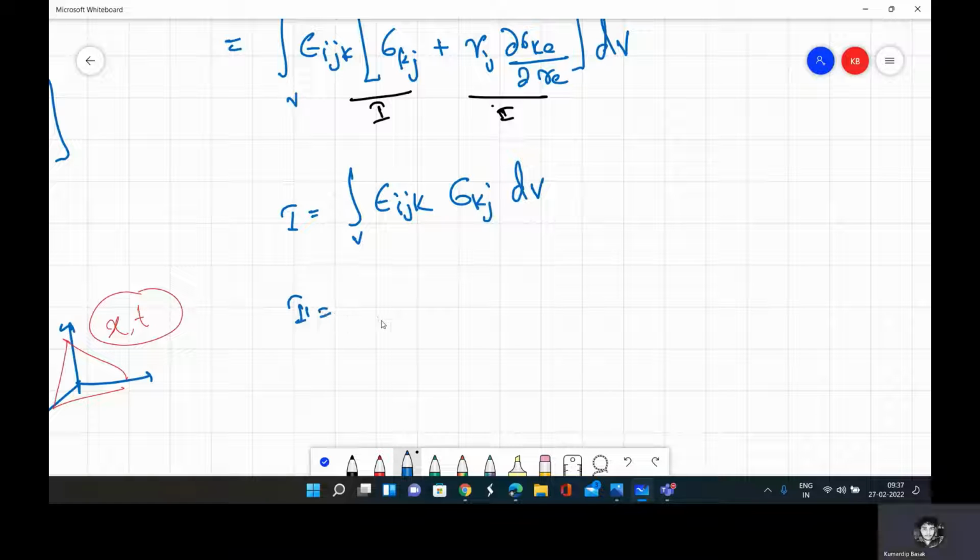Part 2 is the integral over V of epsilon ijk into r_j into del sigma_ke divided by del r_e into dV.